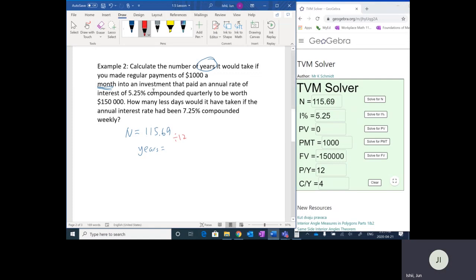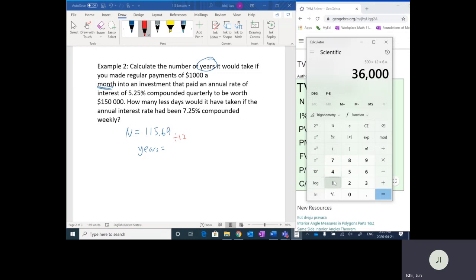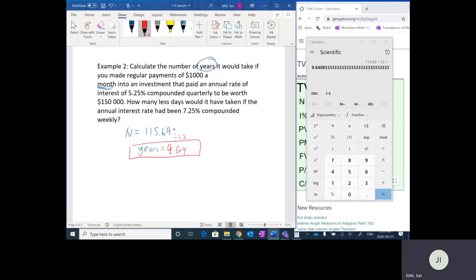Okay, so I'm just going to punch that in here. So 115.69 divided by 12. All right, so it'll take approximately 9.6 years, or 2 decimal places, so 9.64 years.